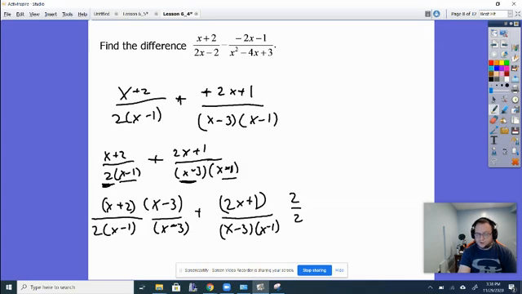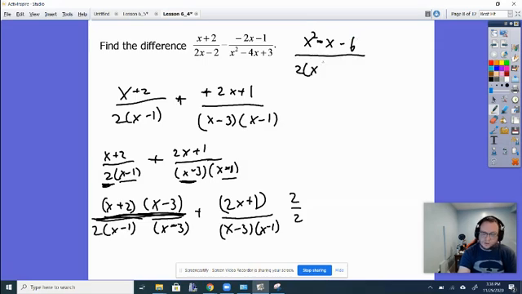Okay, I'm multiplying all that out. Now I do want to multiply this top part. I do want to distribute. So that's going to distribute into x squared minus x, minus 6 over. Okay, you do not need to do that with the denominators. You only need to do it with the numerators.